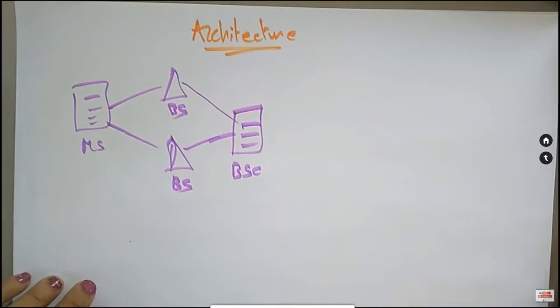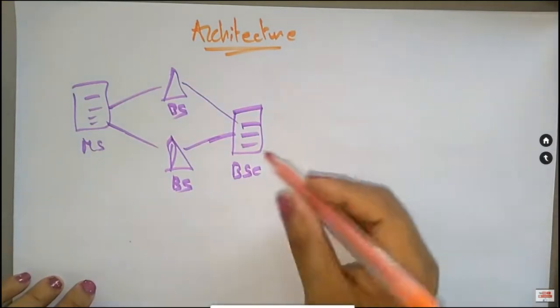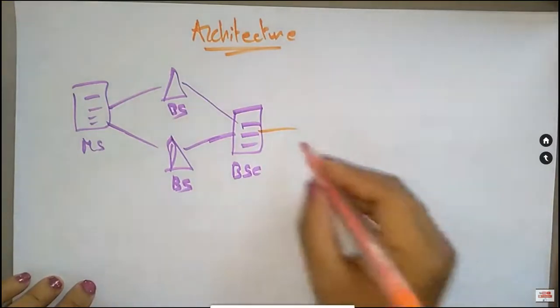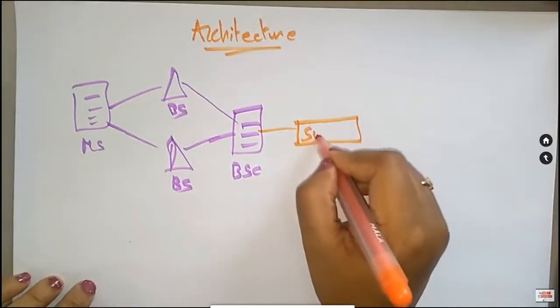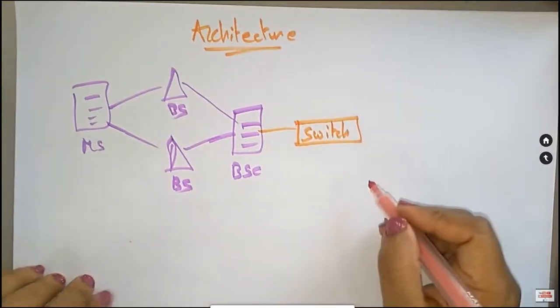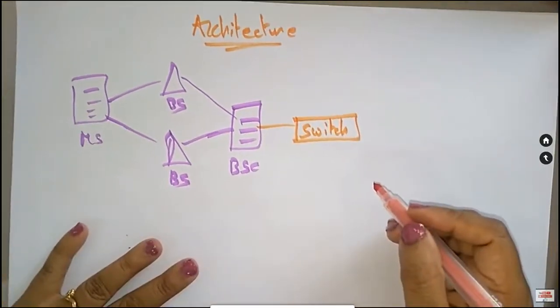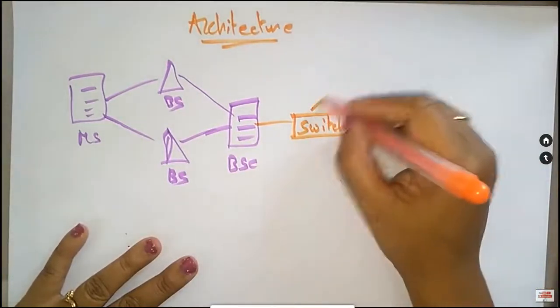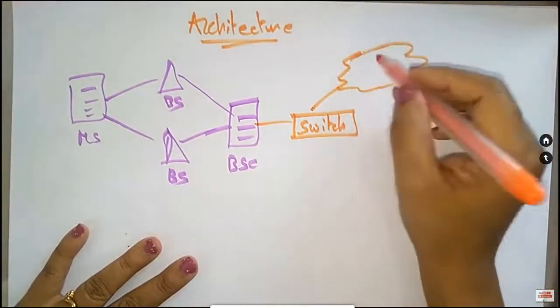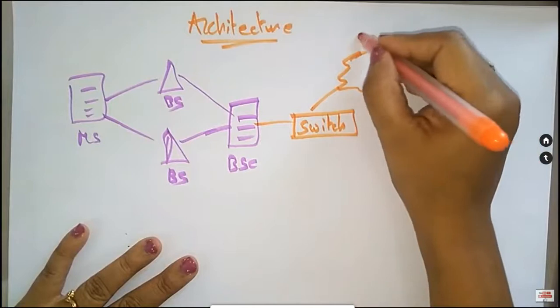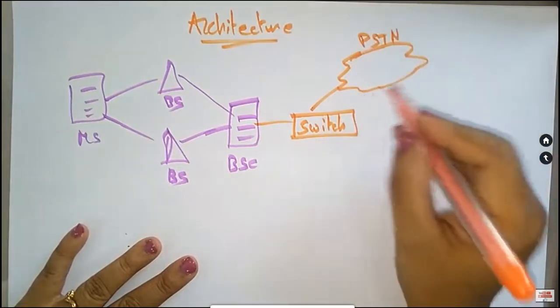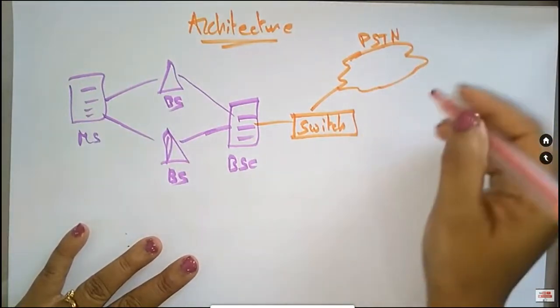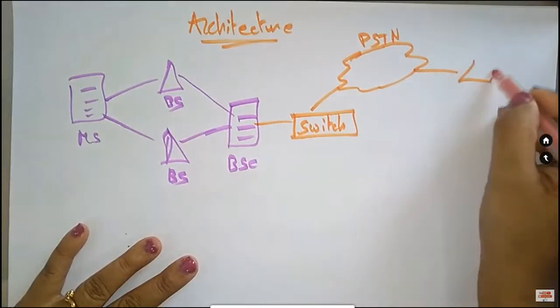Here in the base station controller, they are providing one switch. So this is an extra feature here in CDMA. A switching network will be connected. This switching will be sent to the PSTN, that is the public wired phone network, and there to your landline phones.